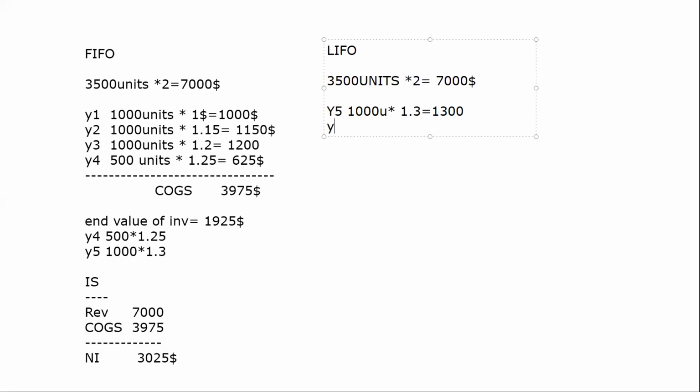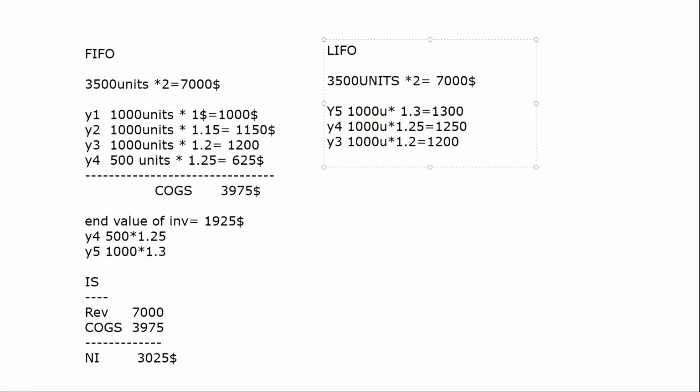In year 4, 1,000 units times 1.25, 1,250. Year 3, 1,000 units times 1.12, 1,200.